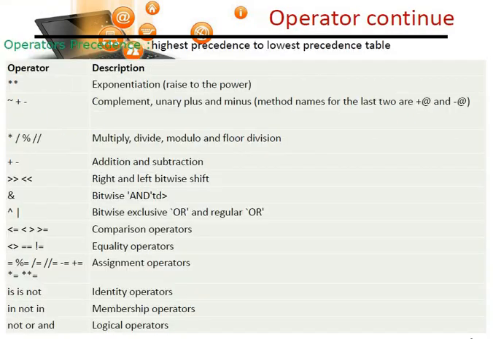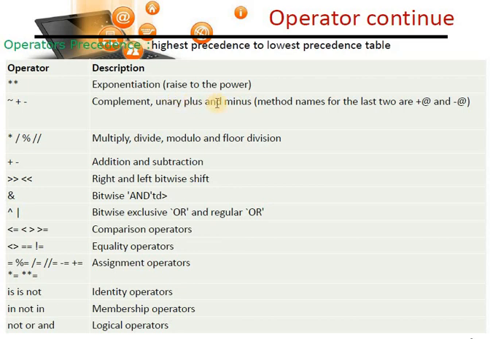Next. So this is the precedence of the operators from highest to lowest. It is important to remember the precedence, because it is very much used in calculating expressions and different statements. Fine. The highest precedence is given to exponentiation, then complement, unary plus, unary minus.